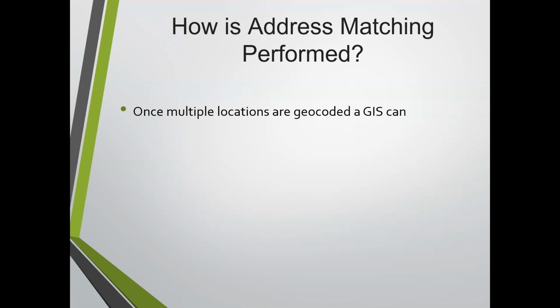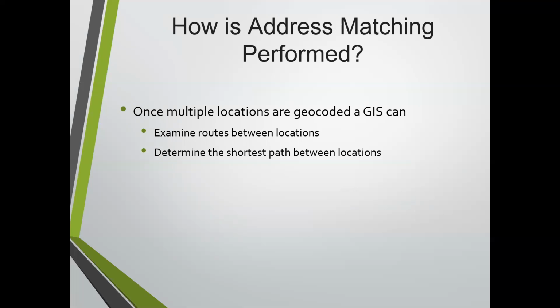Once you've got those multiple locations geocoded in a GIS, then you can do other things with it. One is route finding, so you can examine routes between locations. If I've gone out and found, let's say, a coffee shop, and then a shoe store, and some other kind of place, once I have that information, I can have it navigate me from point to point to point, and I can do it in different methods.